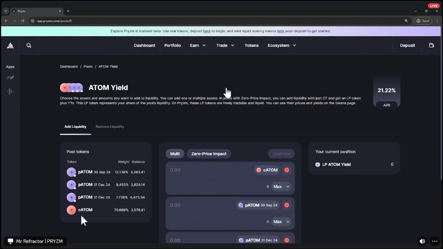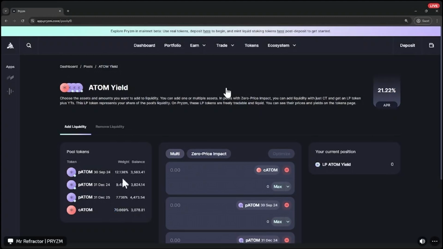So this pool works for all pATOMs and cATOM. And you can see here the weight of assets in the pool. So if you provide liquidity to this pool, the weight is 12% of this atom, 9% of that, 7% of the pATOM, and the pool is 70% cATOM.